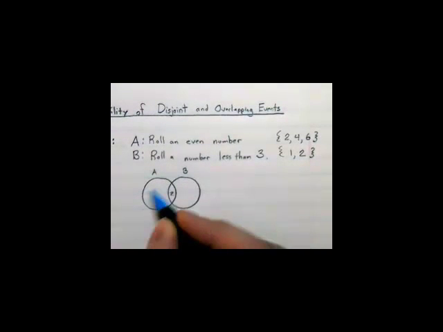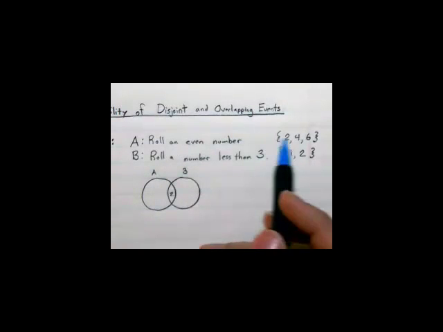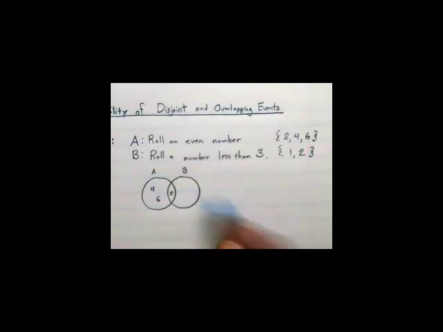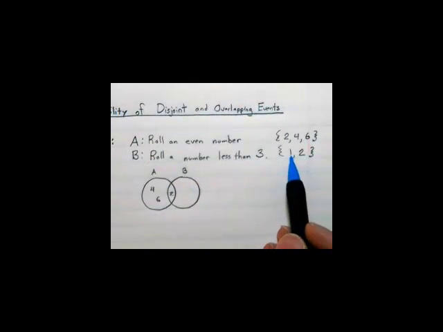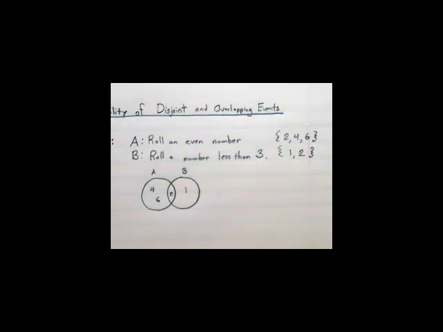Then the rest of circle A would be all the other results from event A, which would be 4 and 6. And for B, rolling a number less than 3, that would be the 1.